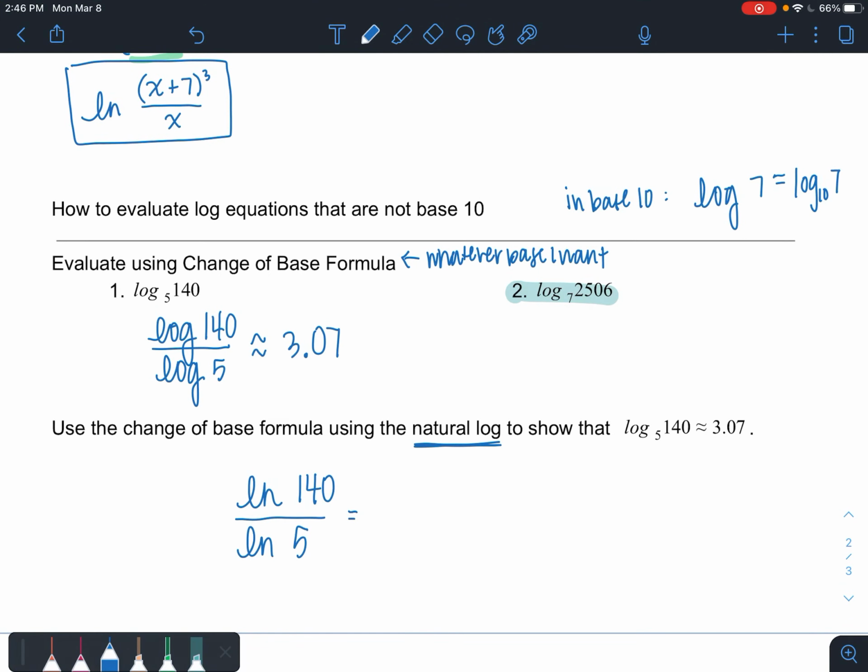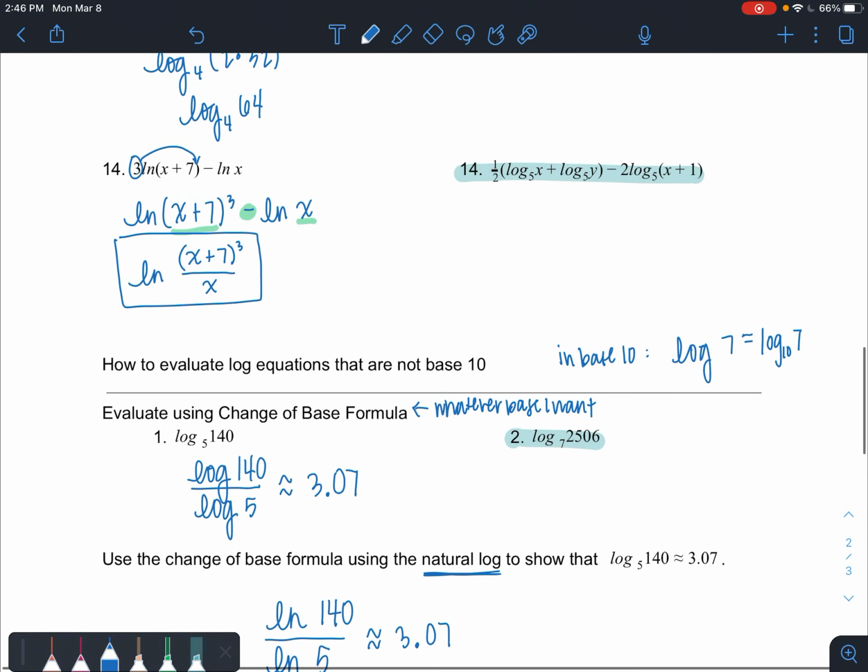So that's just also going to be 3.07. So we can use whatever base we want. It's really up to you. ln's really easy to find on the calculator, so is log. However, those other bases are not easy to find.